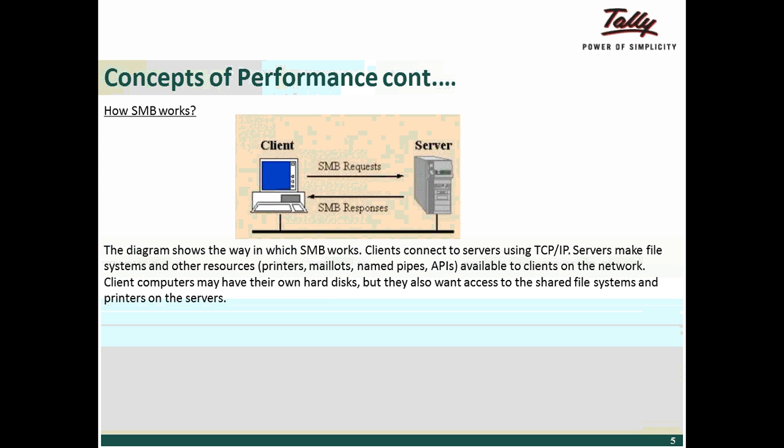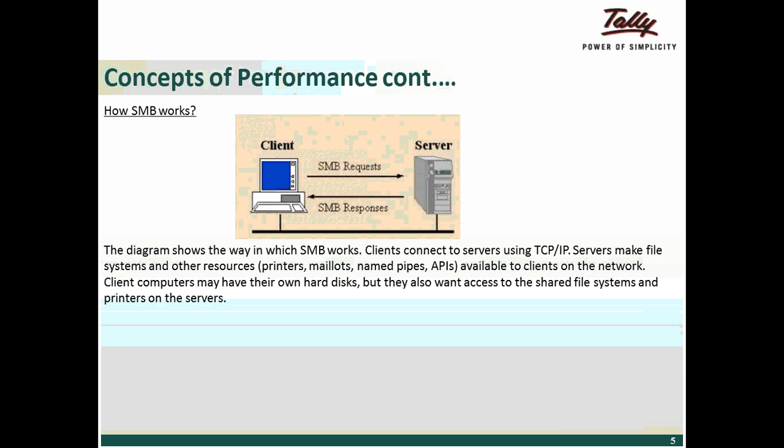Even when you are sharing a file, internally the data transmission happens through the TCP/IP layer. The server makes file systems and other resources available to the client on the network, for example printers, applications, or file APIs.